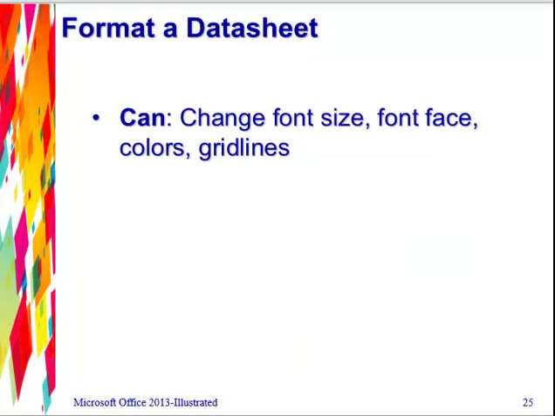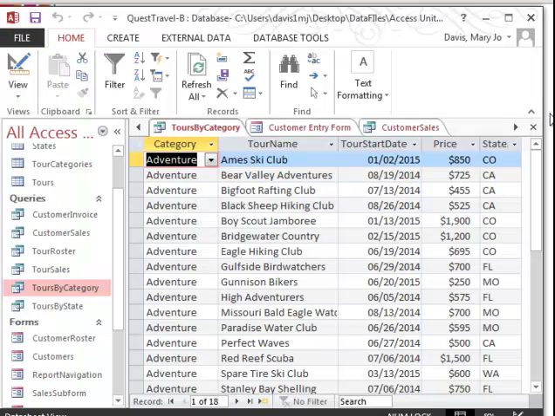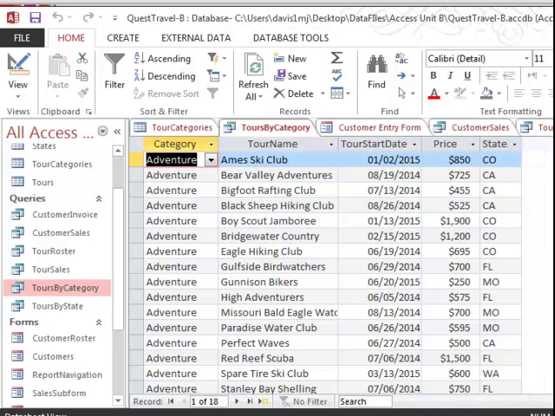Okay, when you want to format a data sheet, you can change the font size, color, and grid lines. You can make things look nice and aesthetically pleasing. When you go to format the database or the data sheet, you've got the formatting over here on the right hand side, just like you do on any other worksheet. I'm going to spread this over a little bit so you guys can see it.